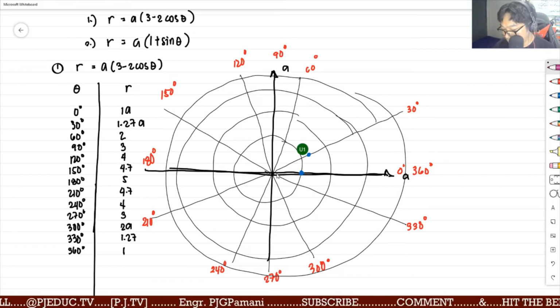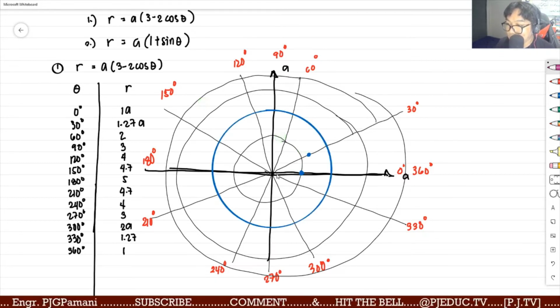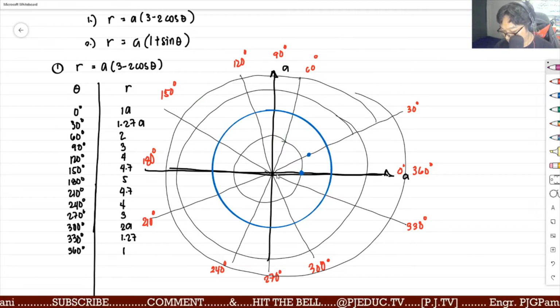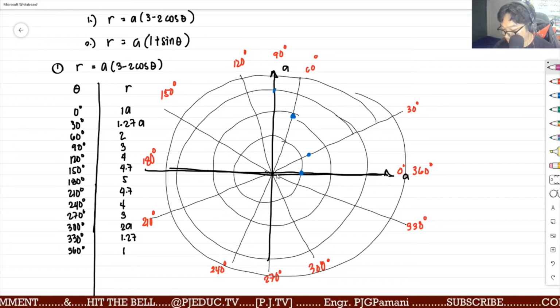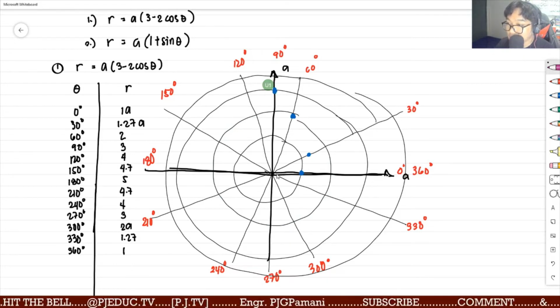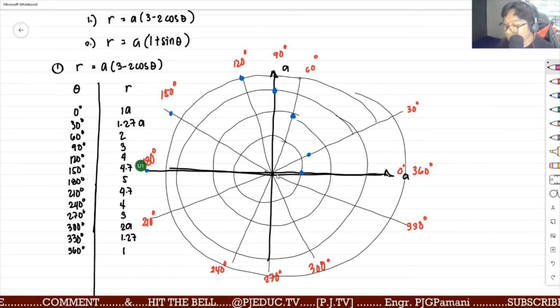60 degrees is 2. Around here. 90 degrees is 3. 120 is 4. 150 is 4.7. 180 is 5.